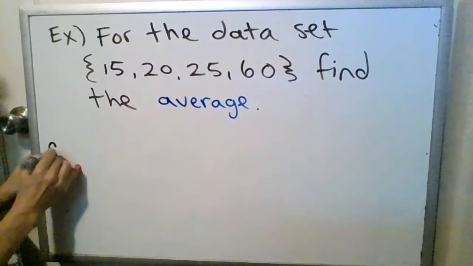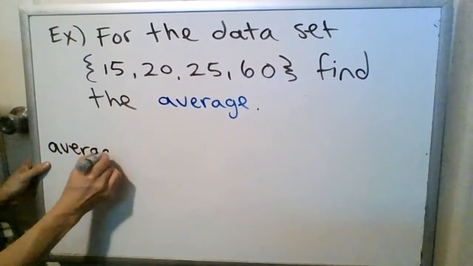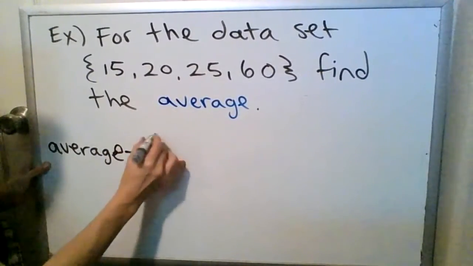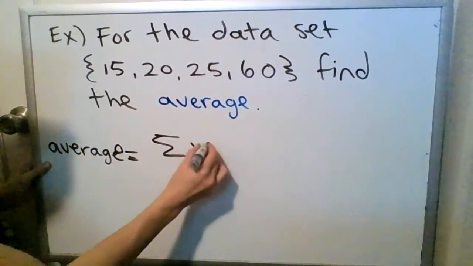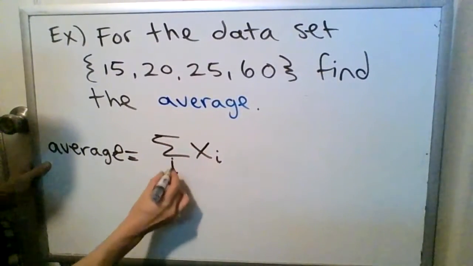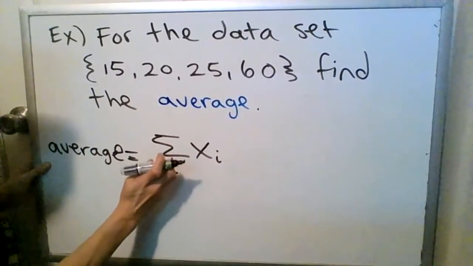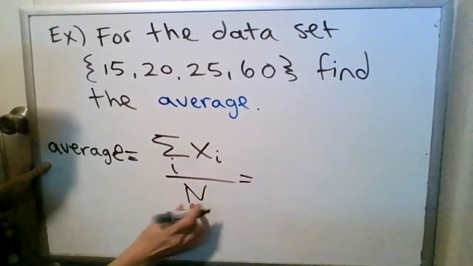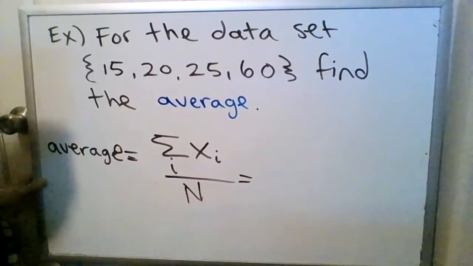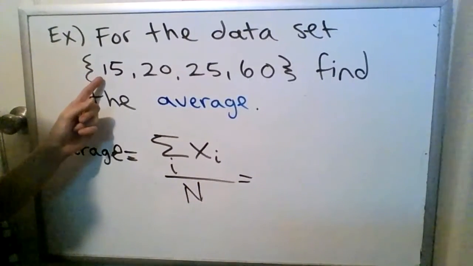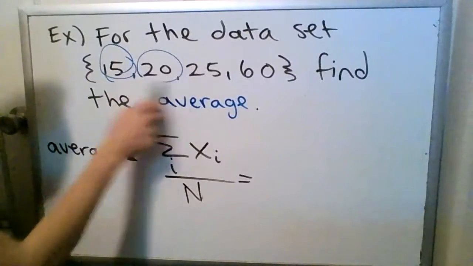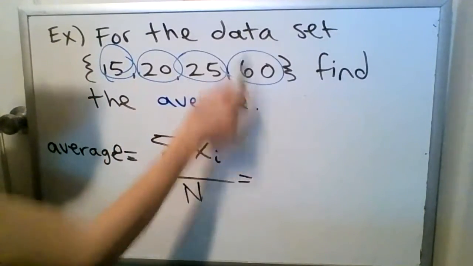Start with average is equal to the sum of x sub I over N. Capital N is the number of elements we have, which is 1, 2, 3, and 4.